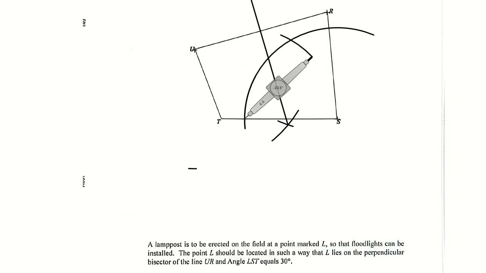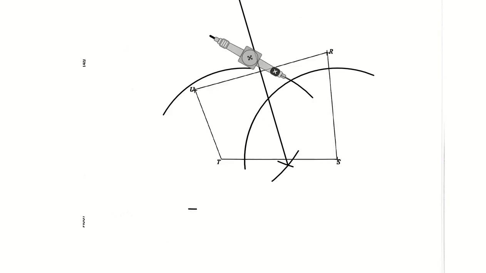No, we want 30 degrees. So you are going to bisect this 60 degrees angle to make 30 degrees, by making arcs from the two points. Then you connect S with this intersection point here.